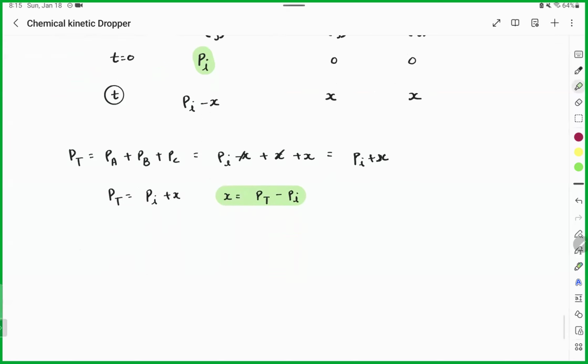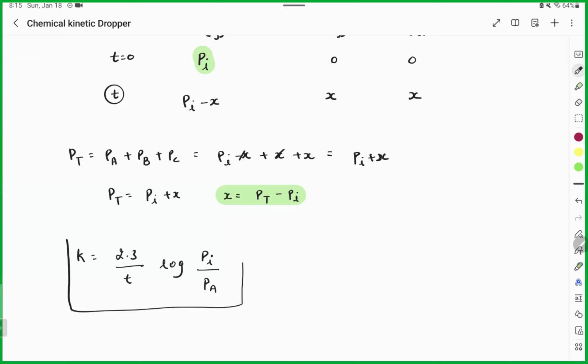Correct. But as you know, in our formula of first order, it is K equals 2.303 by time, log of initial value by final value. Correct? The initial value of A is this reactant. The final value of A will be this. You need to know what your PA value is. PA value is equal to Pi minus X. And what is your X value in the form of the total pressure?